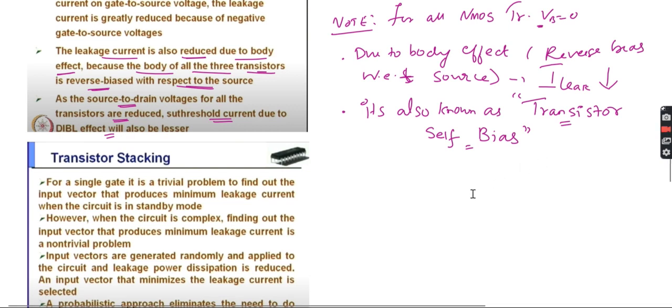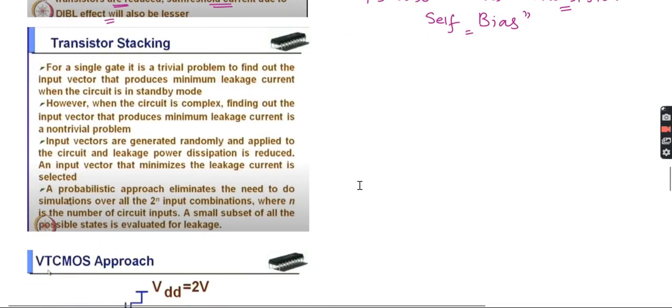Here we have some problems also. As already discussed, if you have only one single gate, then it is a trivial problem to find the input vector that produces the minimum leakage current when the circuit is in standby mode. Second, if the circuit is very complex, for larger circuits with larger inputs, finding the input pattern is very difficult.